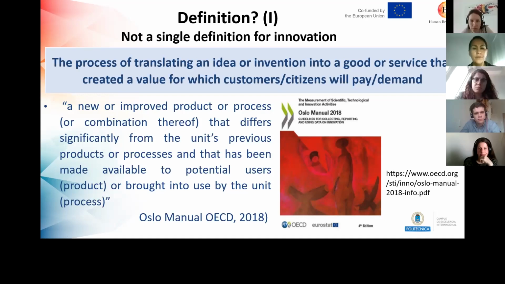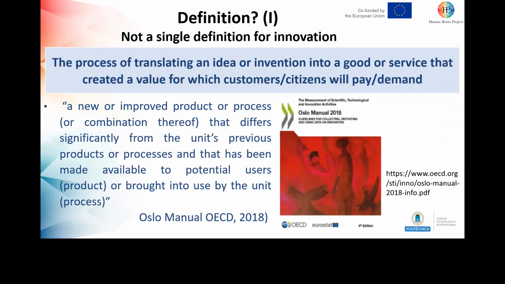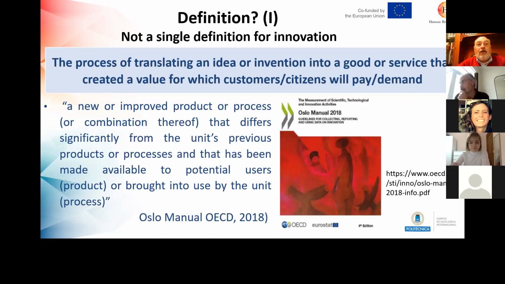The formal definition in the Oslo Manual is this one: a new or improved product or process or combination that differs significantly from the unit's previous products or processes and has been made available to potential users or brought into use by the unit.